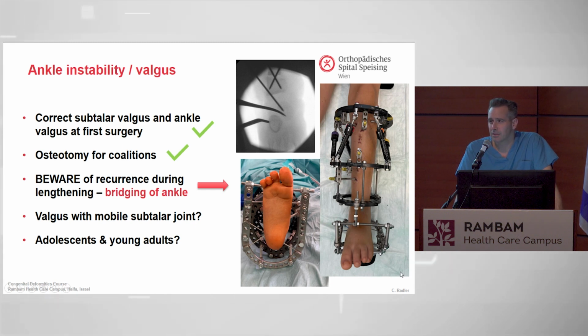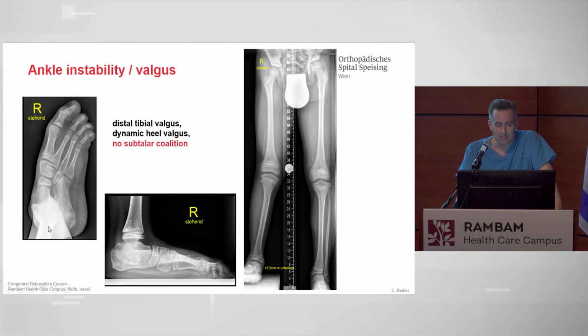So the ankle joint is very sensitive, and you're very prone to get some equinus, but also some recurrent valgus if you do this. Sometimes, if there's no fusion, we can treat it a little bit like a flat foot deformity. As you can see in this case, there was just a calcaneocuboid fusion or coalition, but no other coalition within this foot, which shows a severe valgus deformity.